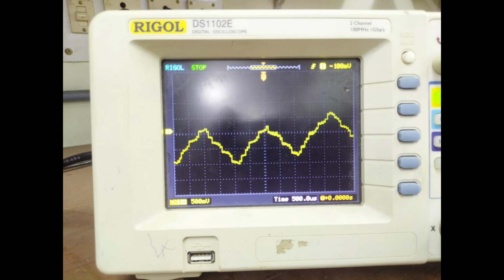Why? Because the input signal was of 500 Hz. So obviously the demodulated signal that we will get must be of 500 Hz, right? So it is also a triangular signal, a little more distorted. Not a little more, it is much more distorted, whatever.